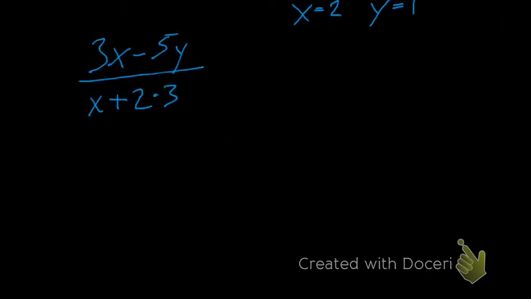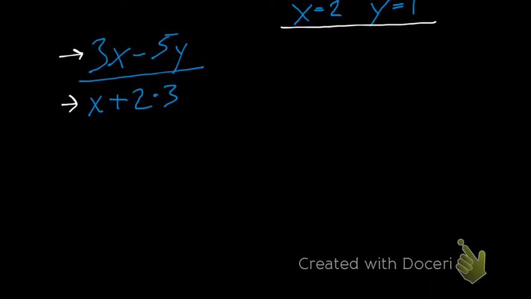All right. So this starts to look almost high school level, but really it's not so bad. We've got a variable expression in the numerator right there. We've got a variable expression in the denominator, and the instructions tell us that x is 2 and y is 1.